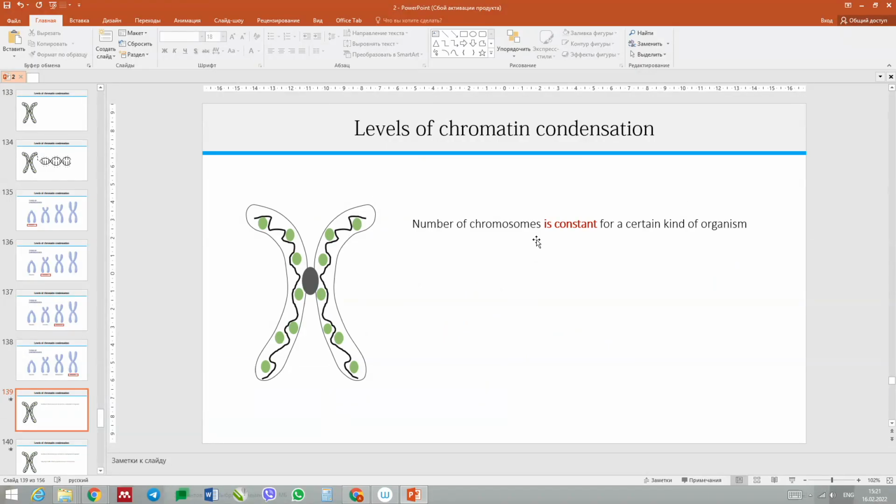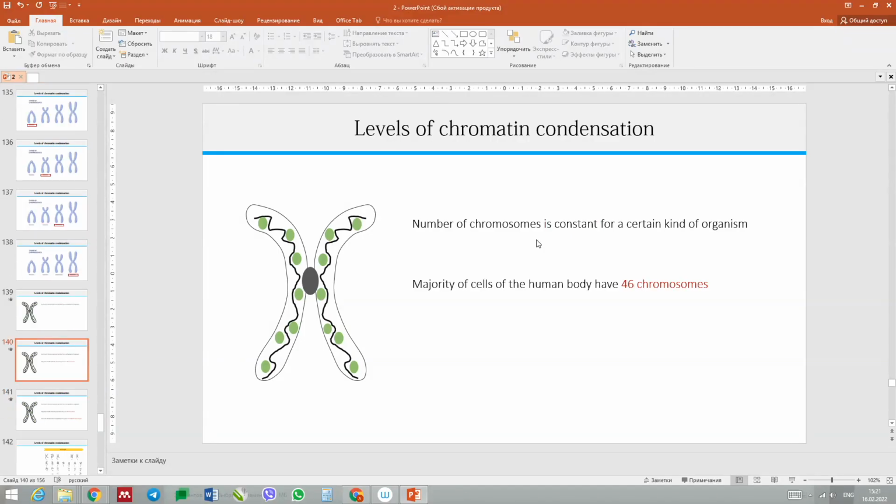The number of chromosomes is a constant parameter of a certain kind of organism. For example, in your cells, in my cells, in cells of all people, there should normally be a constant number of chromosomes.